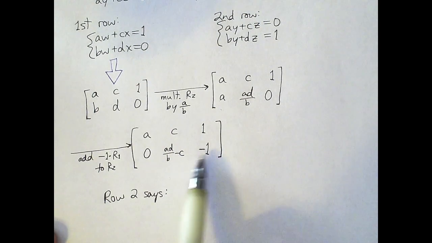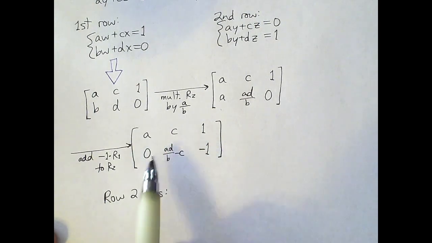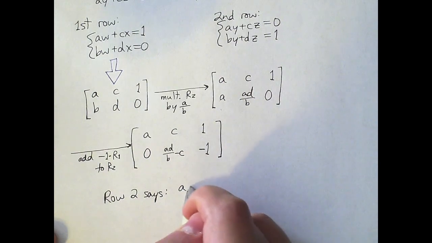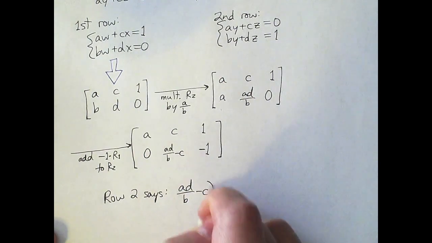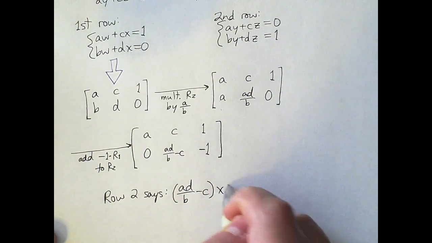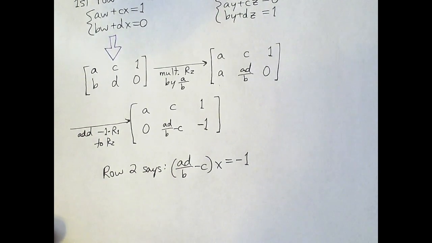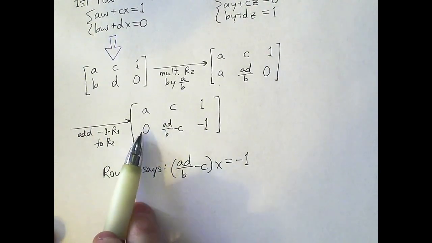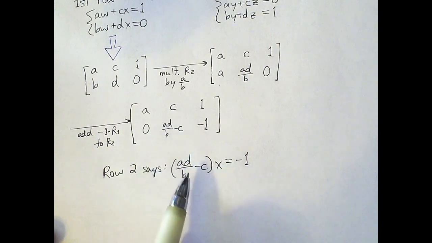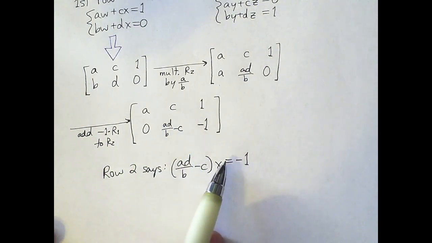So row 2 as an equation says AD over B minus C times X equals -1. There's basically 0W plus this times X equals -1.